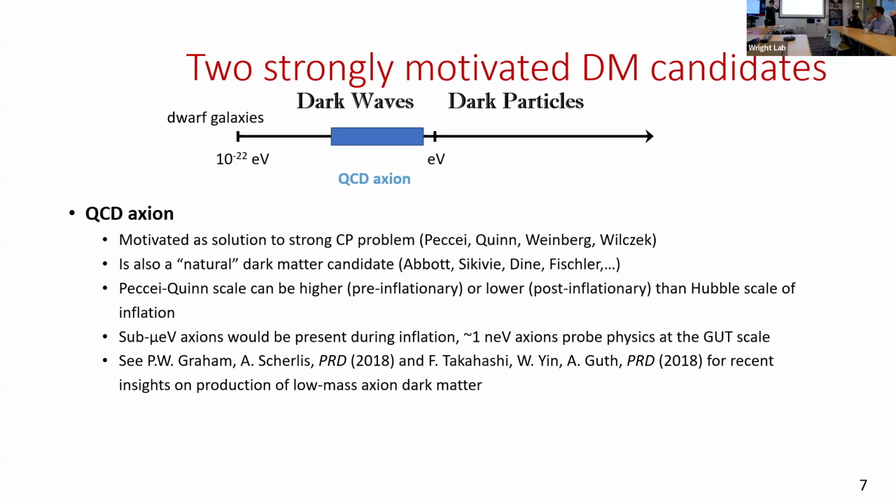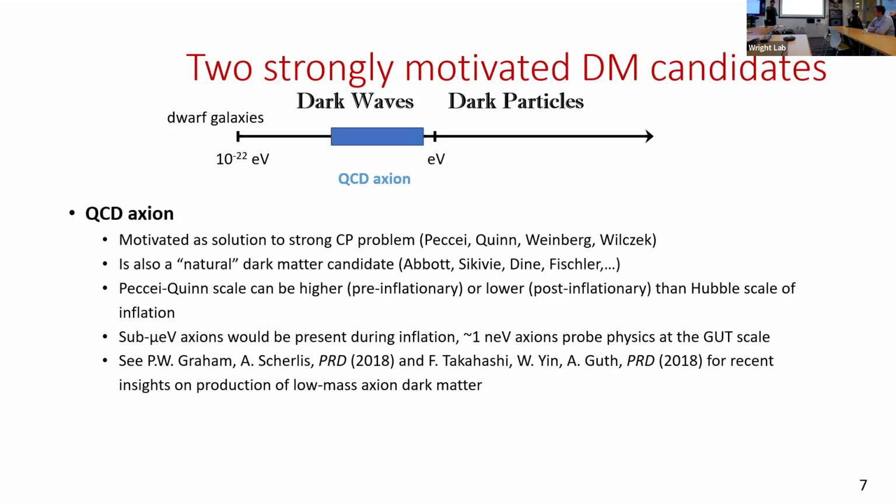As I mentioned, its mass can be anywhere between pico-eV and eV scale. Each of those masses in the QCD axion picture corresponds to a different energy scale for the Peccei-Quinn symmetry at which it's broken. There's two categories here as well. It can be broken before or after inflation.